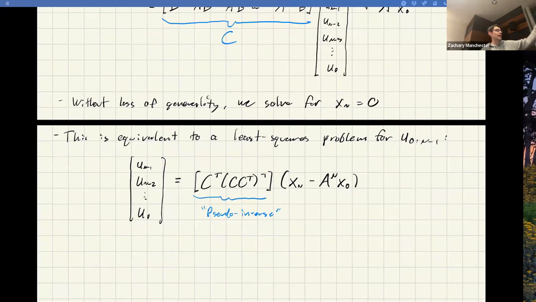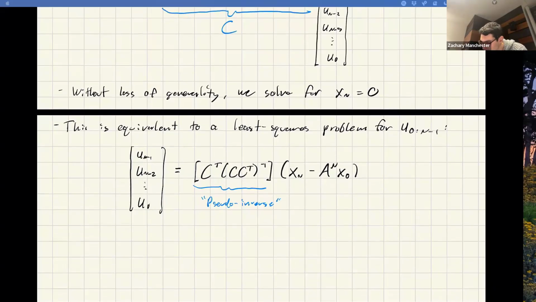Okay, so now that I have this thing, what has to be true for this problem to have a solution? What conditions do I need on that pseudo-inversey thing, the C, for this to work out? I need C transpose to be full rank, to be invertible, right? Cool. So that's kind of the heart of it.